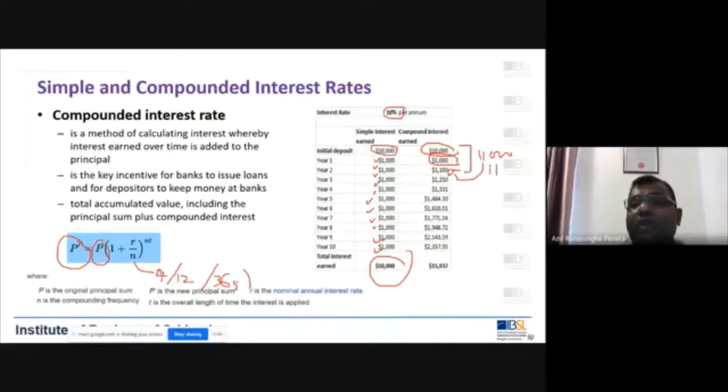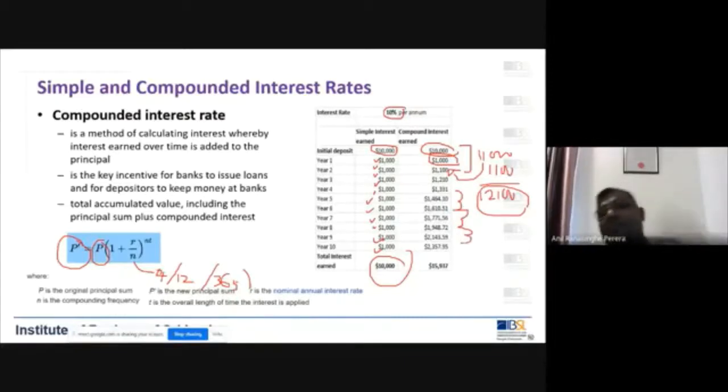So this one plus this one, your capital would be 12,100. So you get interest based on this. Likewise, every period the interest component is added to the principal. So altogether you get 15,937 over the 10-year period. So you will see when you compound, your return is greater.